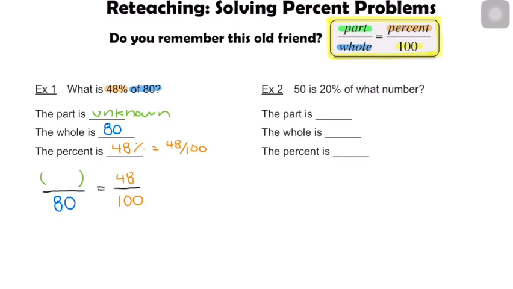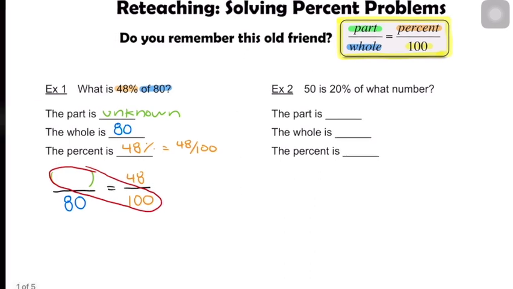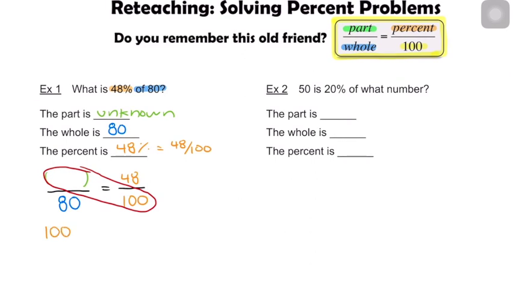Now, in order for us to solve for that unknown, which is the part, we need to remember one technique, and that is to cross multiply, where we're going to multiply that unknown with 100. So we're going to get 100 times that blank is going to be equal to, then we cross multiply the other two numbers that are diagonal of each other, which is 48 and 80.